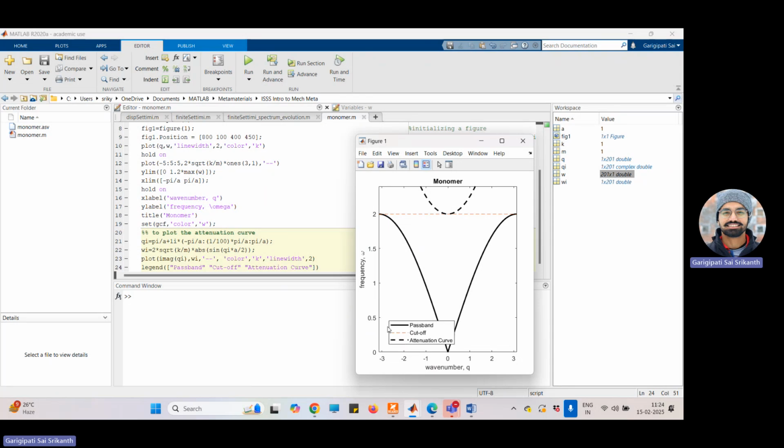We can actually drag it and place it somewhere, or we could even give some command.